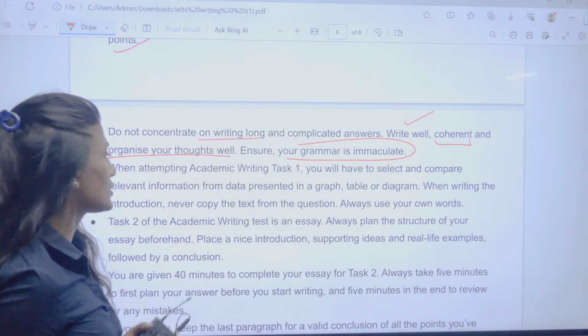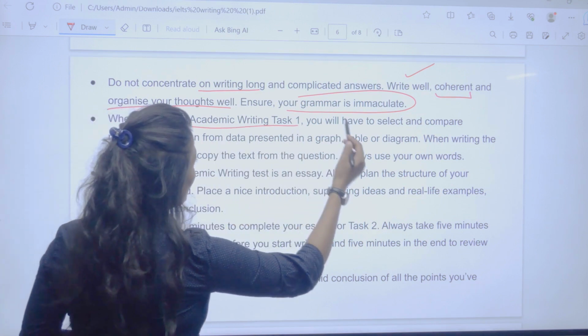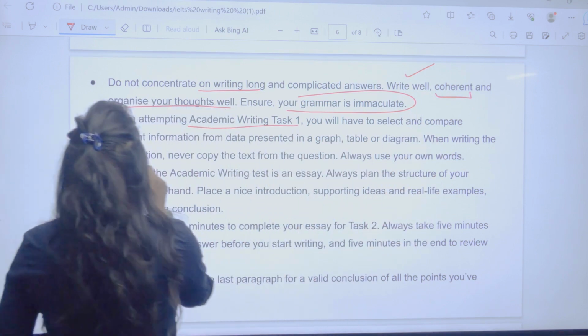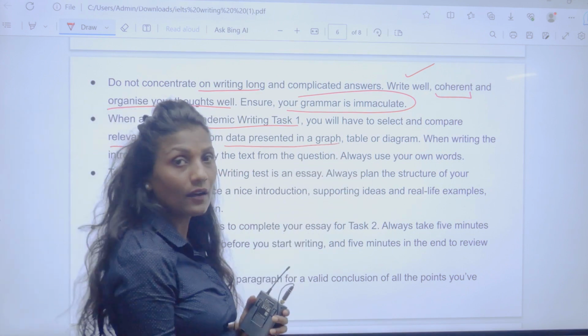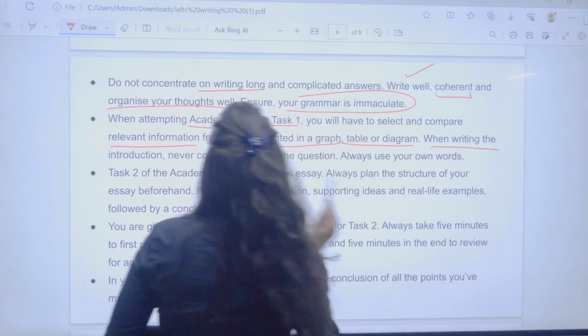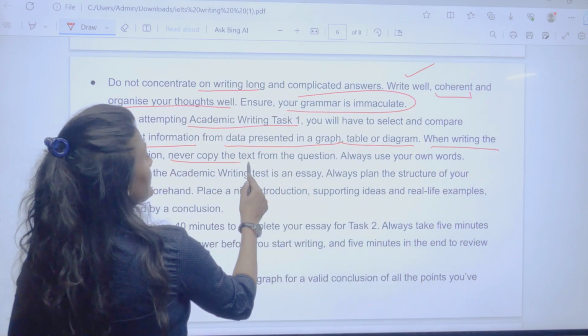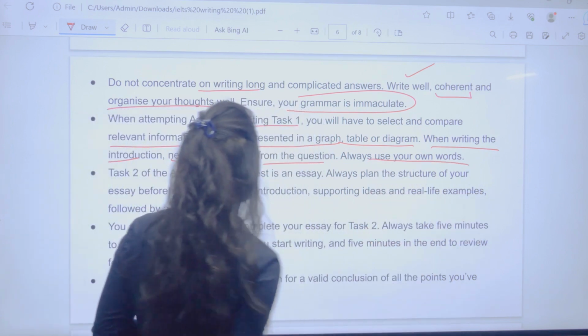It should be correct. When attempting academic writing task 1, you will have to select and compare relevant information from data presented in a graph, table or diagram. So when writing the introduction, never copy the text from the questions. Always use your own words.